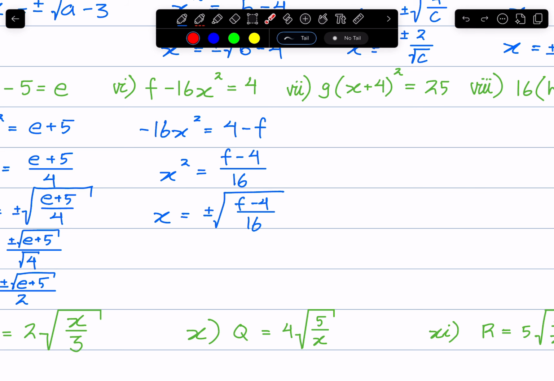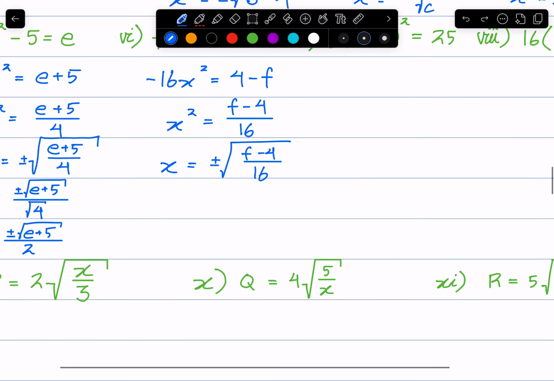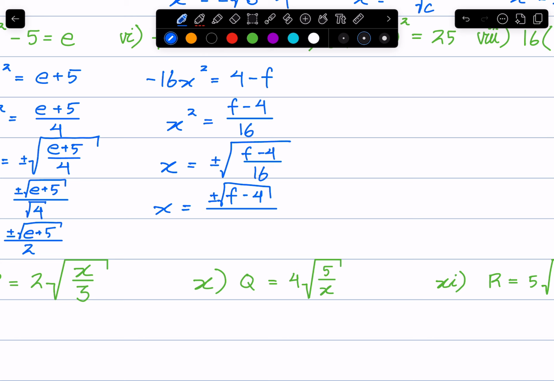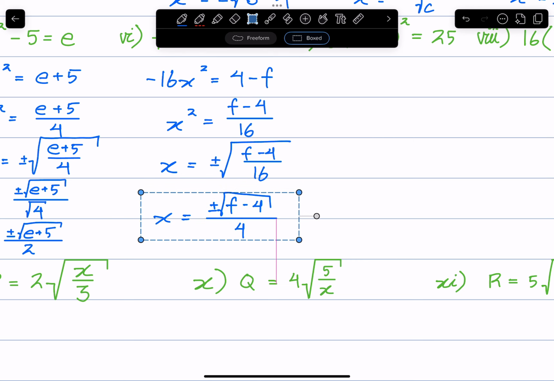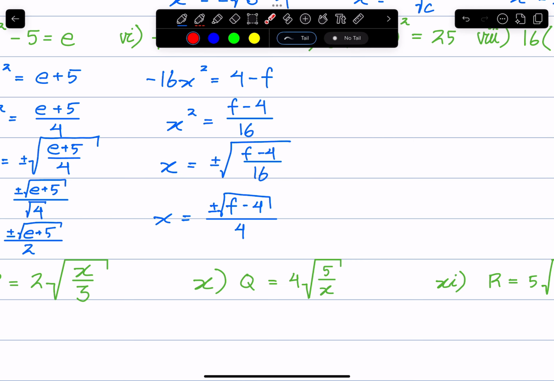But since this is 16, I know this is going to become plus minus f minus 4. So I've split it to the numerator, and the square root 16 simply becomes 4. So you need to critically think about when you should split the square root into the numerator and denominator, and when you don't really have to.